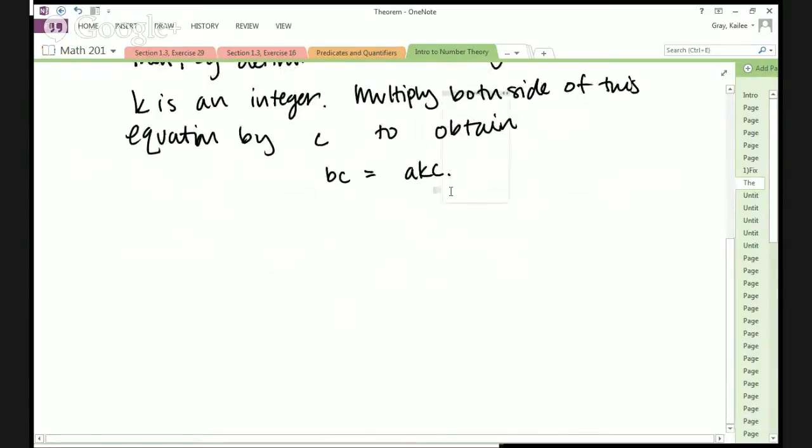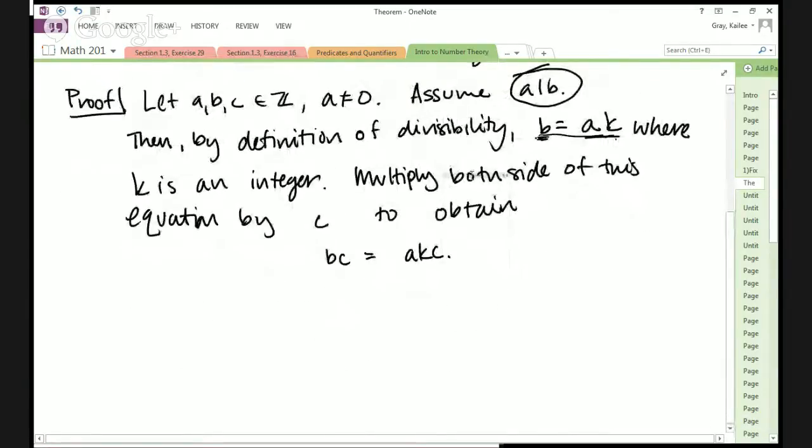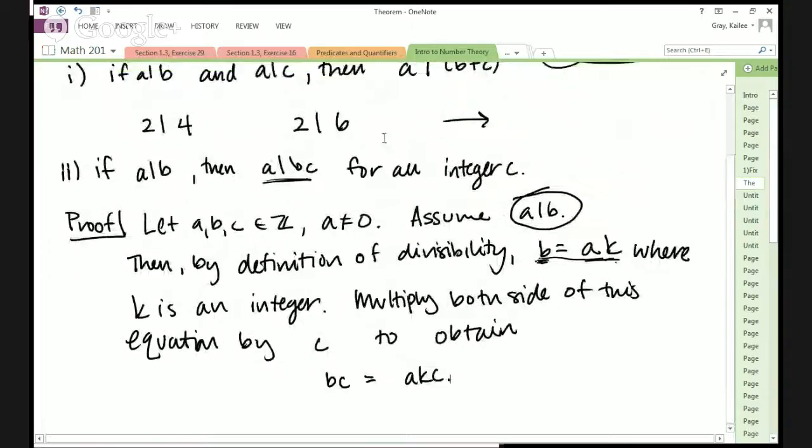alrighty. So actually now we're done. We need to wrap it up and be clear that we're done. What we were trying to show, remember, was that A divides BC. And what we've done now is written BC as a multiple of A. Because C is an integer, K is an integer, I know KC is an integer, so it satisfies the definition of divisibility here.